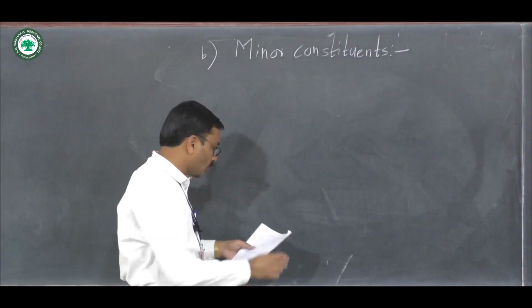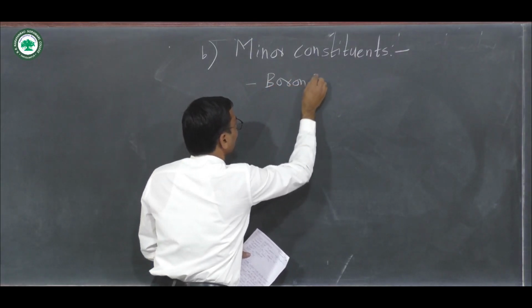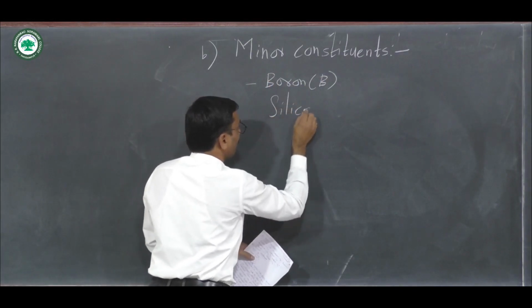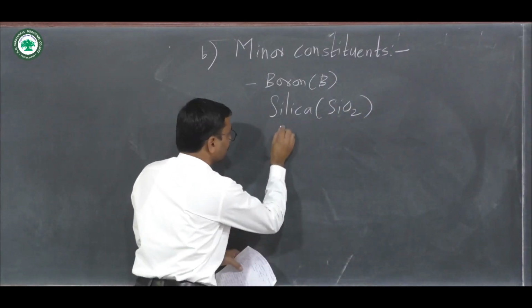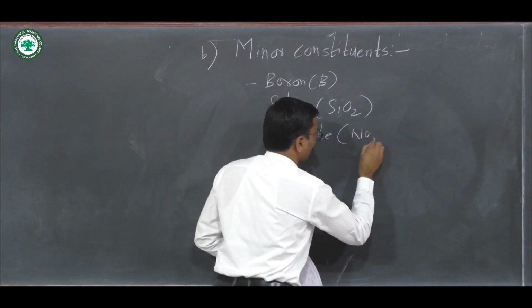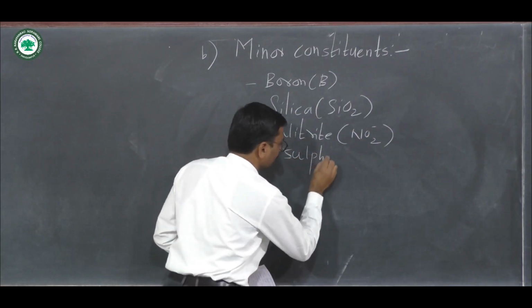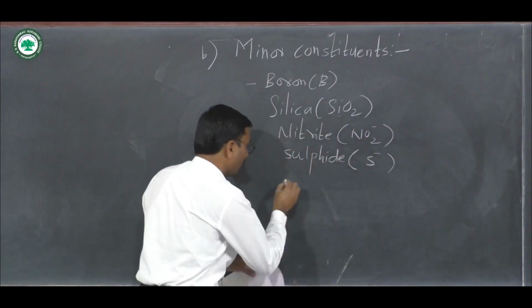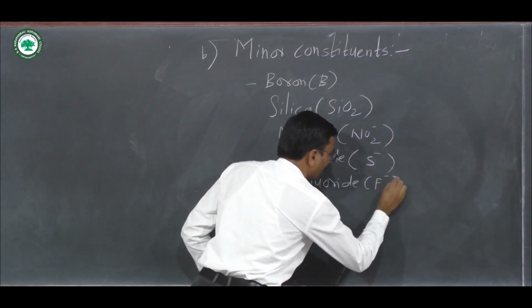Minor constituents include boron, that is B, silica, SiO2, nitrite, NO2-, sulfide, S2-, and fluoride, that is F-.